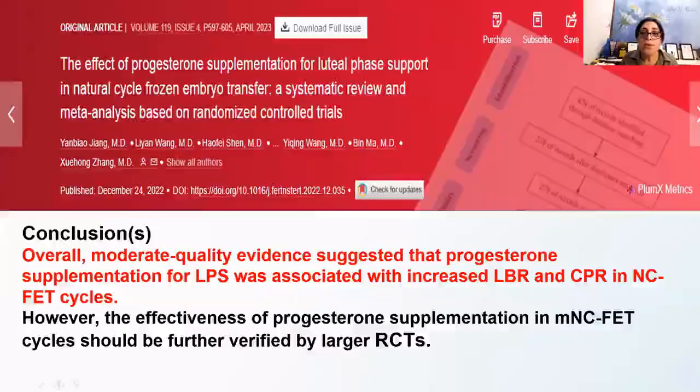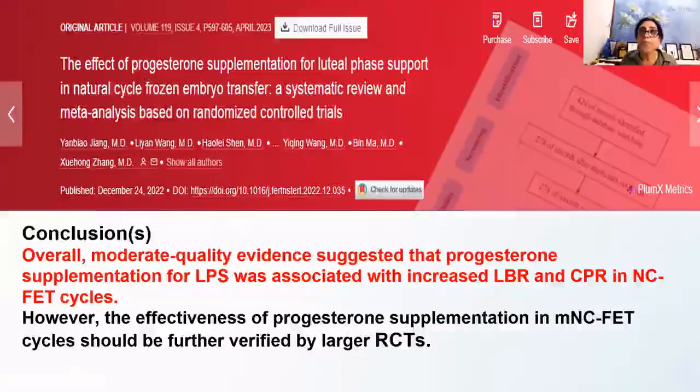So the conclusion, and this is also a systematic review, was that there is moderate quality evidence suggesting that progesterone supplementation for luteal phase support is associated with increased live birth rate and clinical pregnancy rate in natural cycle FET cycles.